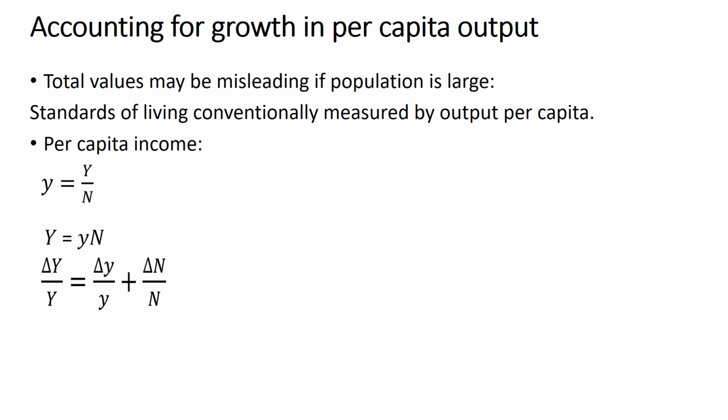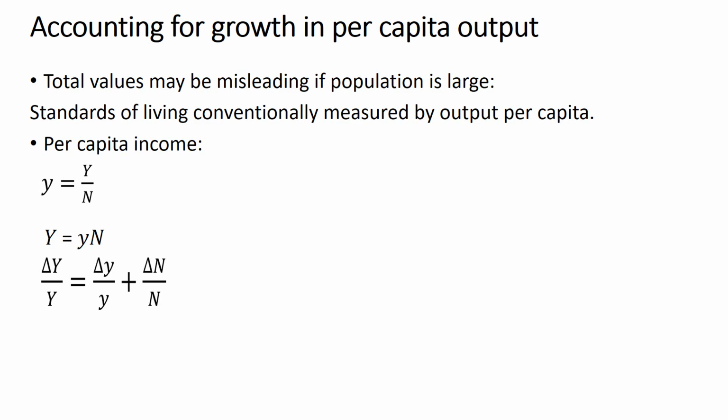Alright, so the last time we were specifically looking at the growth accounting theory equation. The growth accounting theory equation suggested that total output growth depended on theta, which was the share of capital in total output growth, multiplied by the capital growth rate, plus 1 minus theta, which is the share of labor in total output growth, multiplied by the population or the labor growth rate, plus technological change.